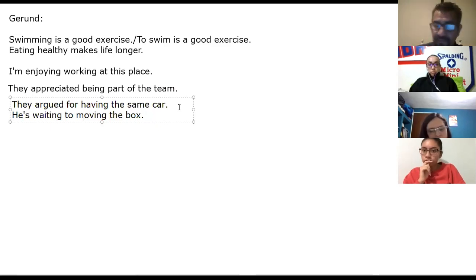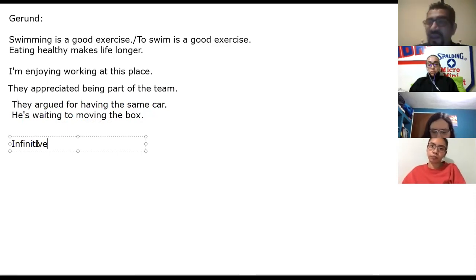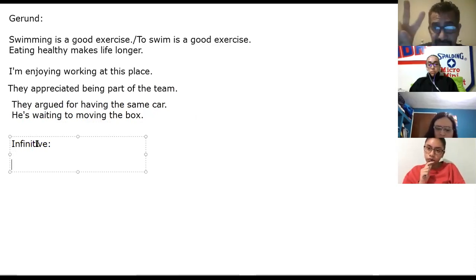No? Okay. Now, in the case of the infinitive, remember that the infinitive is when we use to. In the case of the infinitive, it's easier. We have to use infinitive whenever we use two verbs.